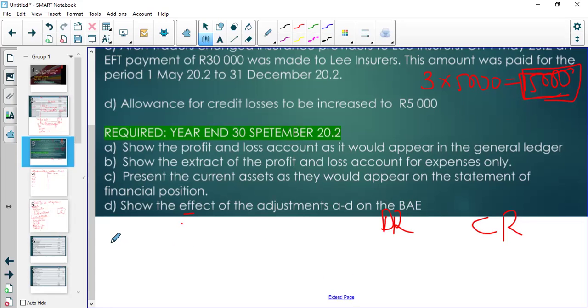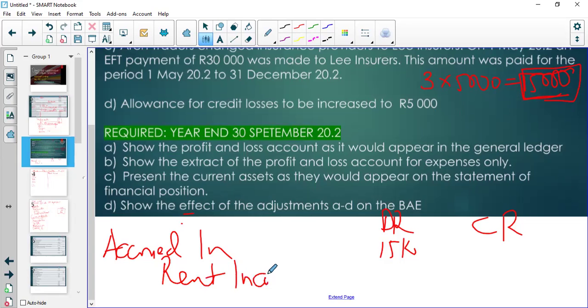You're going to say accrued income 15,000, and rent income or rental income. Sometimes you guys have to type it in, and if you say rent income, they want rental, so they say it's wrong, which is very unfair. So then your rent increases by 15,000 there.